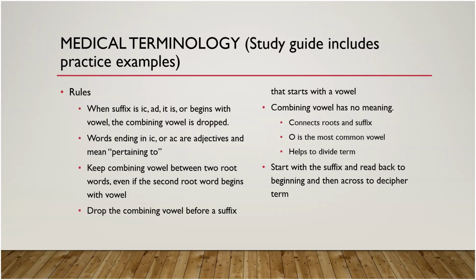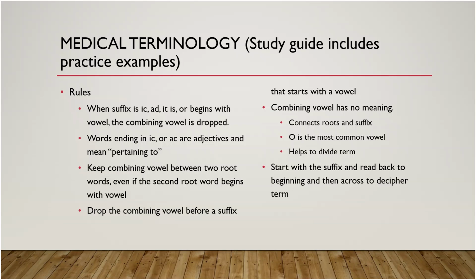Rules. Keep in mind with our rules, there is an issue as far as what spell check did for me with the rules. The very first one: when the suffix is -ic, -ac, or -itis, or begins with a vowel, the combining vowel is dropped.